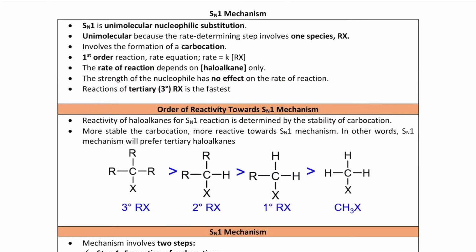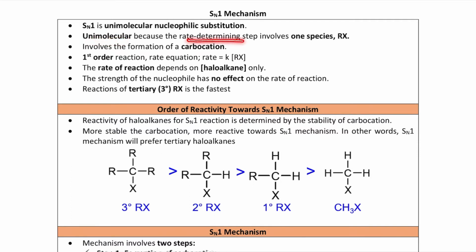Okay, so next saya nak explain about SN1 mechanism tu specifically. Right, so tadi saya dah cakap SN1 adalah unimolecular nucleophilic substitution. Okay, S substitution, N tu nucleophilic, 1 tu adalah unimolecular. Okay, so next kita nak tengok pula kenapa unimolecular tu, apa pula maksud unimolecular?